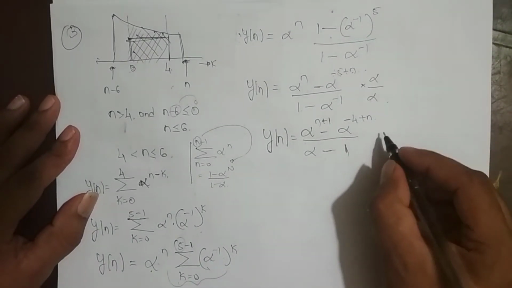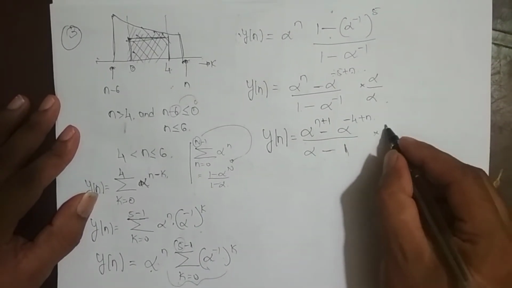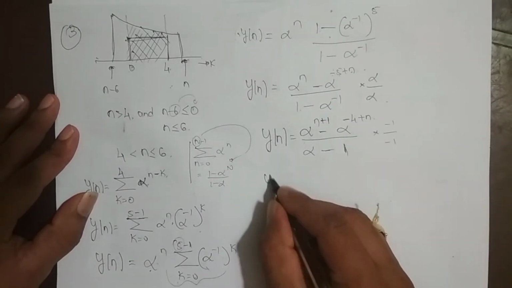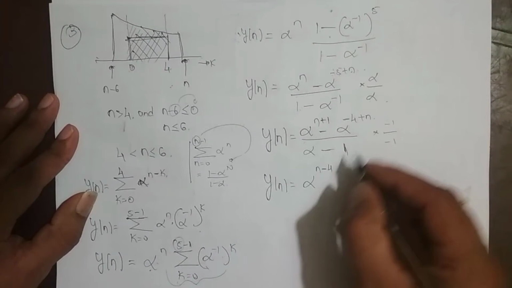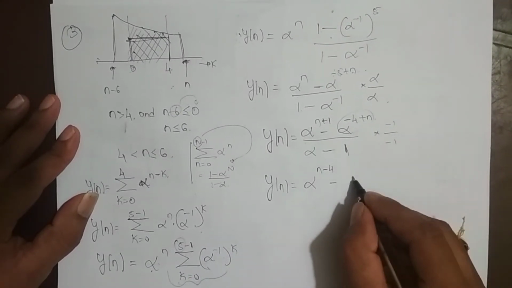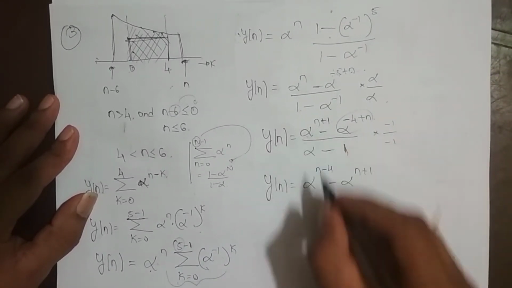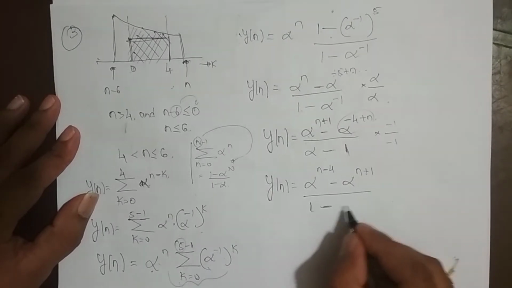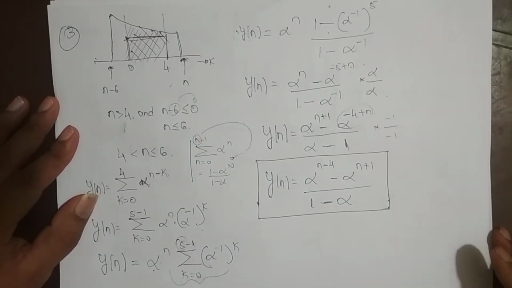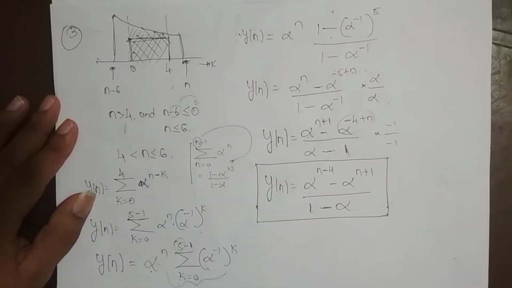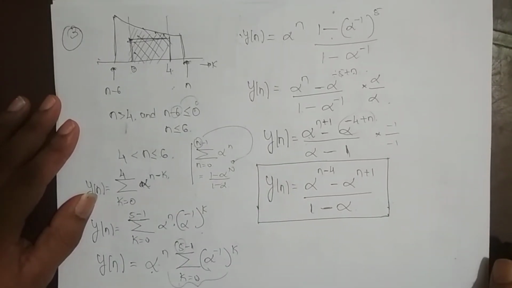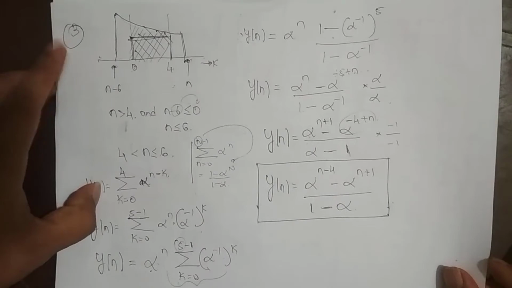So I'll just multiply numerator and denominator by minus 1. So y of n is alpha power n minus 4 minus alpha power n plus 1, this term, divided by 1 minus alpha. This is the output of the LTI system for n in between 4 and 6. So this is the simplified equation for case 3.